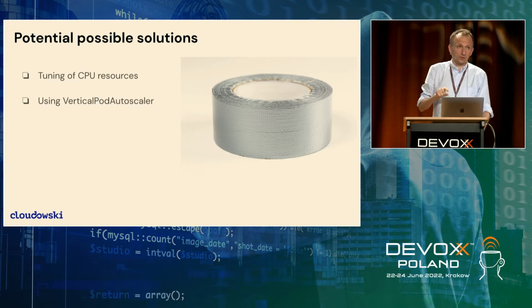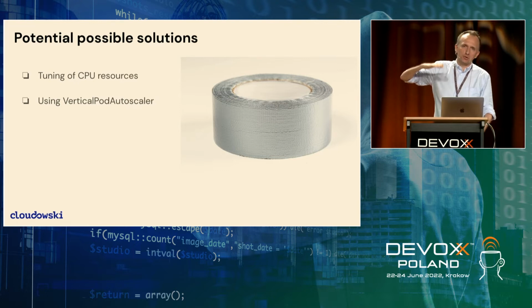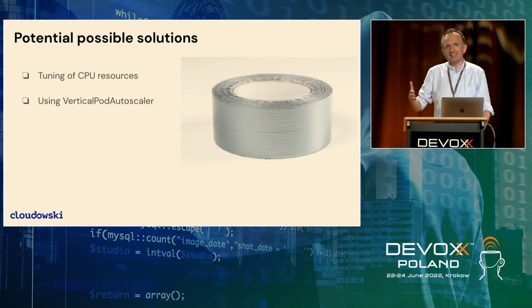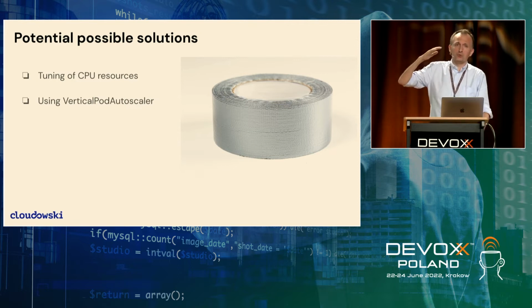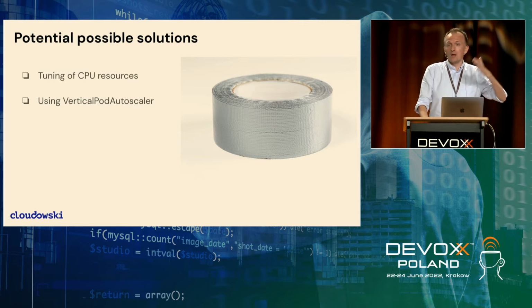However, it sucks for this case, especially because when it does increase or decrease CPU resources, it needs to create a new pod, which is just useless for us, because the main problem for us is when a pod starts. So it just sucks for our case. Maybe it's for some batch jobs or something like that.